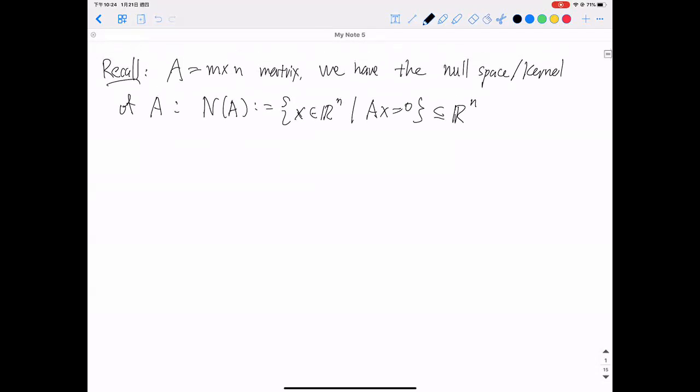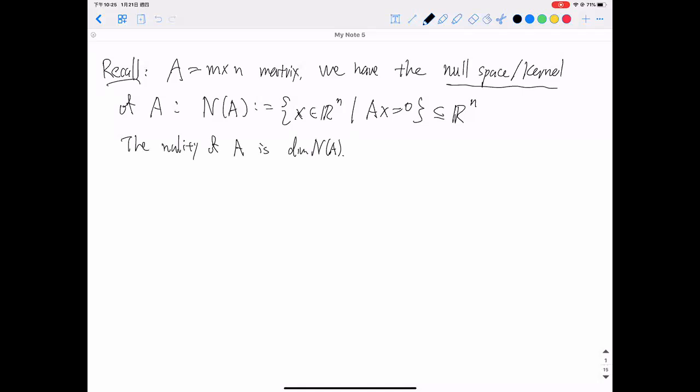Okay. And the nullity of A is the dimension of the null space.